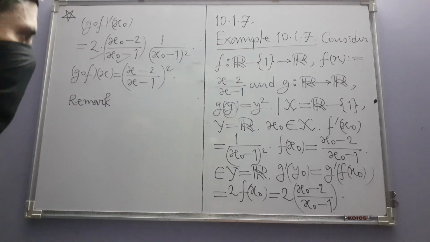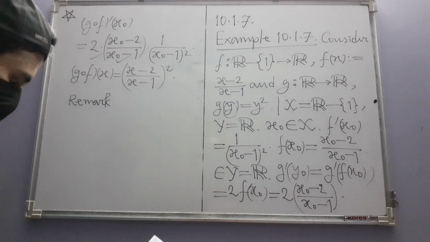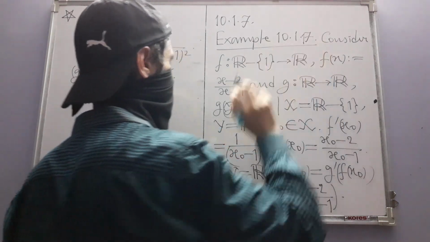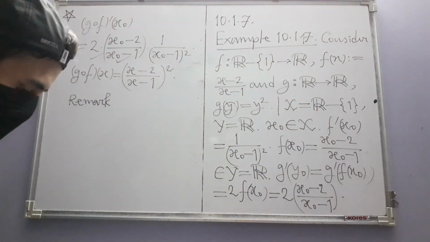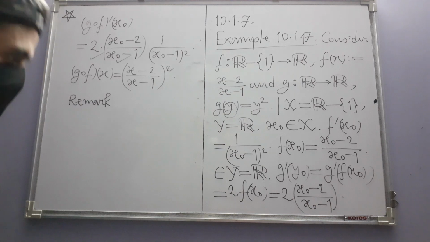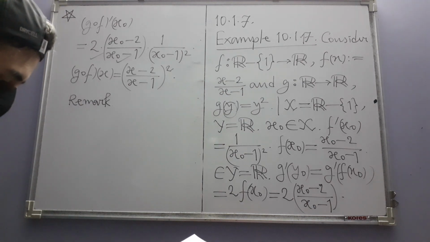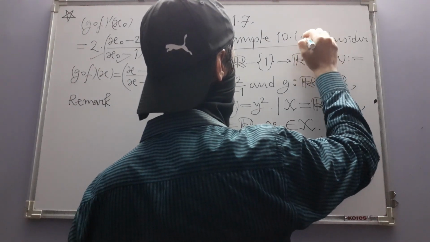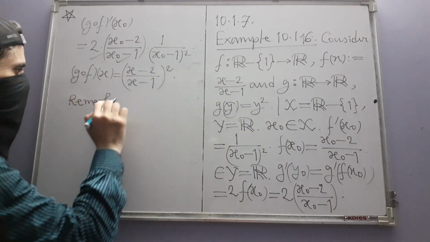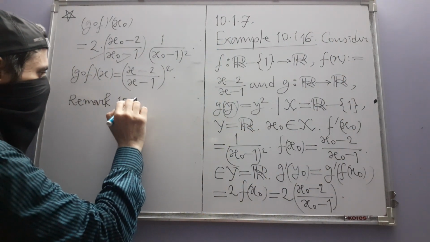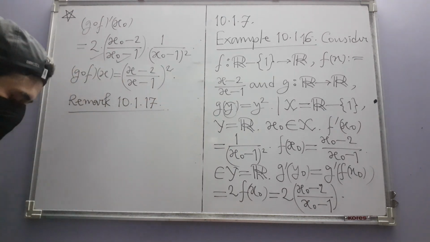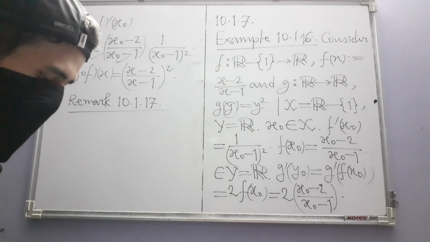I think I messed up the number. Okay, this is 17. I wrote 7. It does not really matter, but still. No, still wrong. This is 16. This remark is item number 17. You rectify the numbers, okay? It's not a big deal.